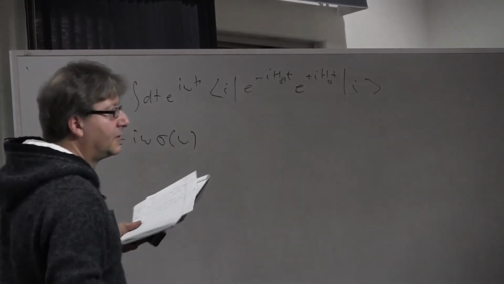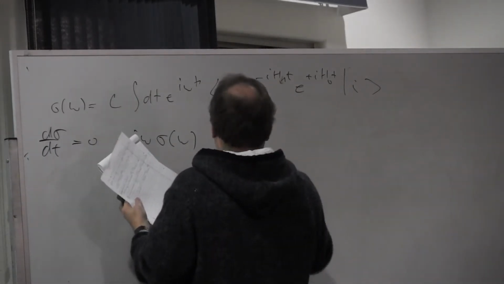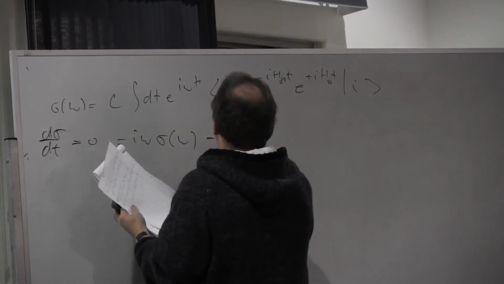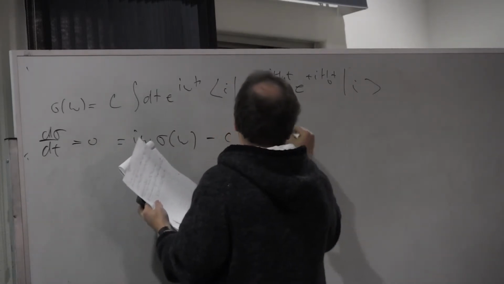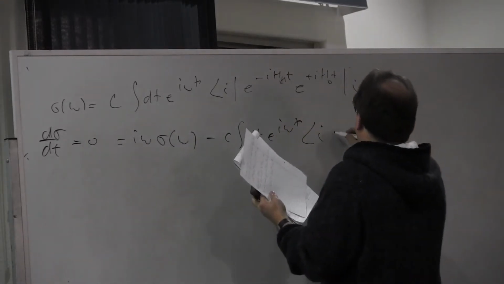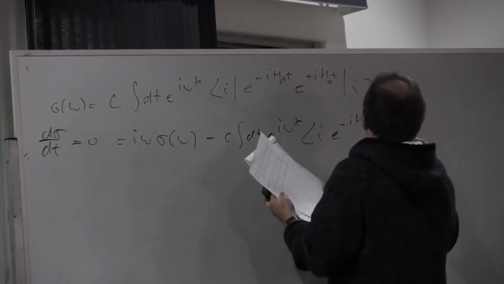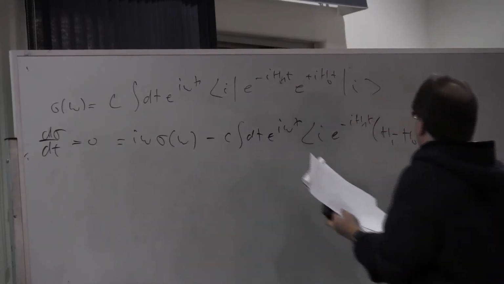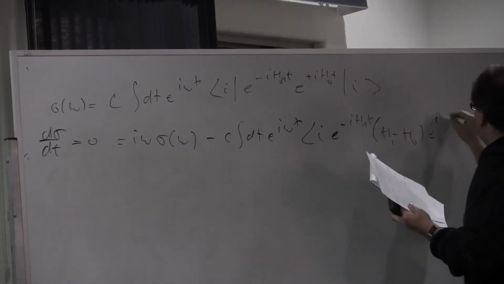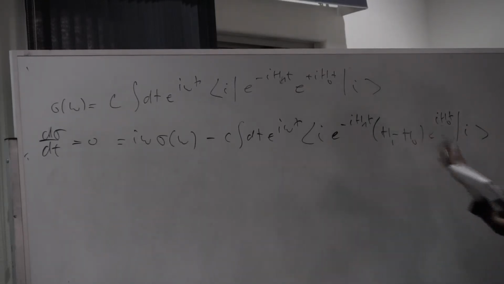That's clear, right? And then we have to take this one, and here we can write minus c integral dt e to the I omega t I, and now we write e to the I h1 t times h1 minus h0. You can think about whether this is correct; we discuss it in a second. Of course, one has to be careful with the sequence.